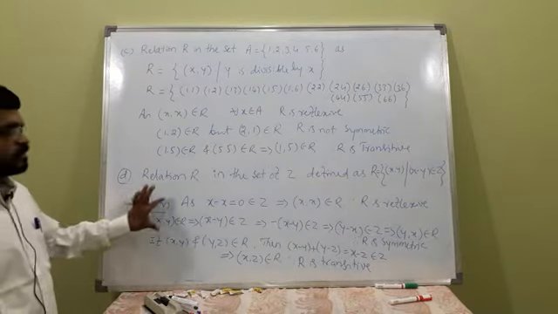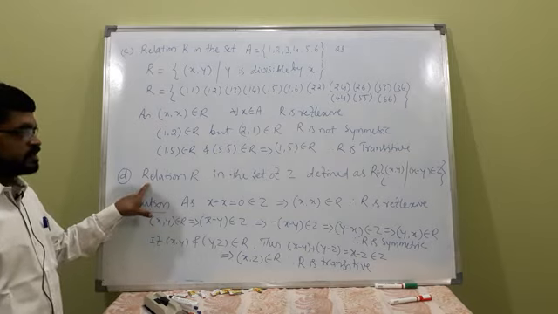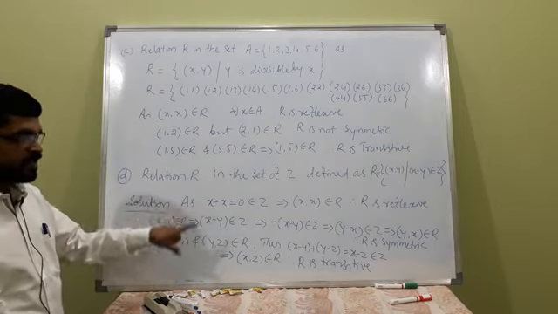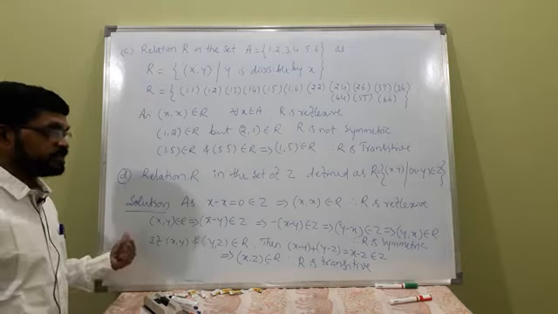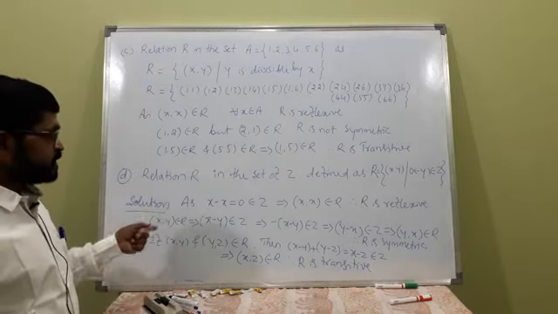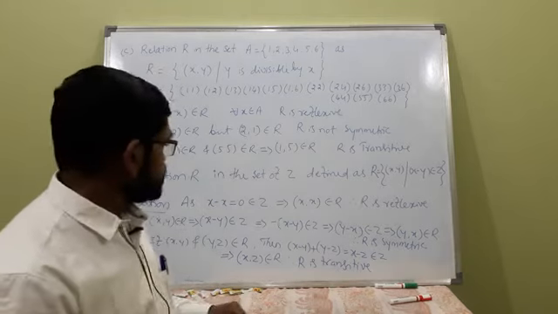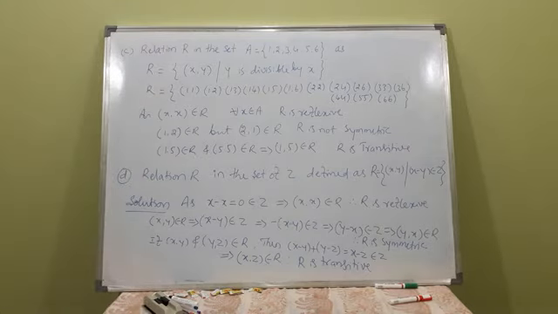Okay, that means R is reflexive, symmetric and transitive. So, what is the name of this relation? That is an equivalence relation. You may be asked to show R is an equivalence relation.